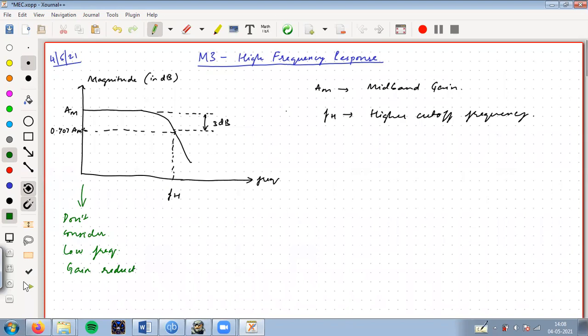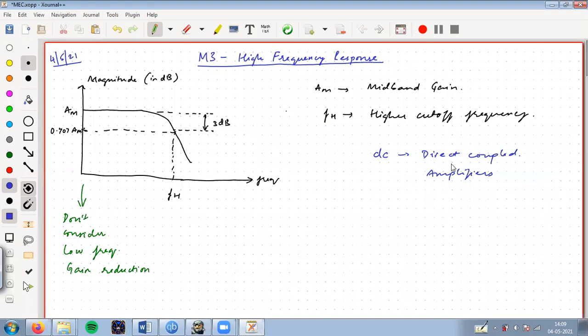Another reason is, if I take an IC amplifier, we generally use something called a DC amplifier. DC means direct coupled amplifiers. Earlier, we have seen at the input stage we had a CC1 capacitor, at the output stage a CC2 capacitor.